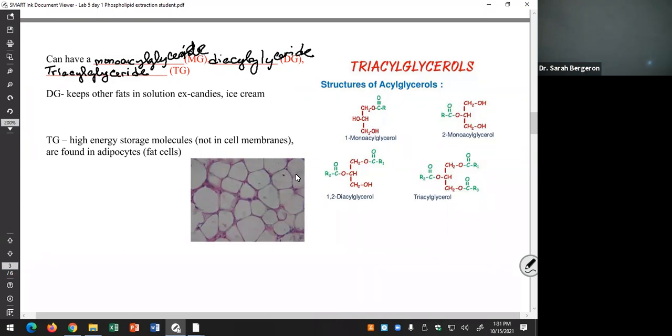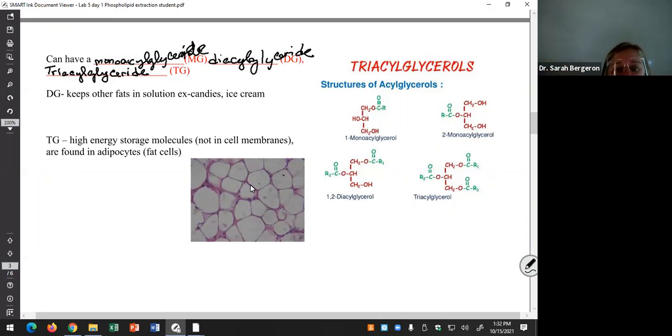Each one of these circles, you would think it's a cell, but actually there is one cell on the outside of it, and almost 99.9% of the cell is filled with one lipid droplet. There's like a vesicle, and inside that vesicle is all the fats, and everything else in the cell gets smooshed and smashed against the plasma membrane.